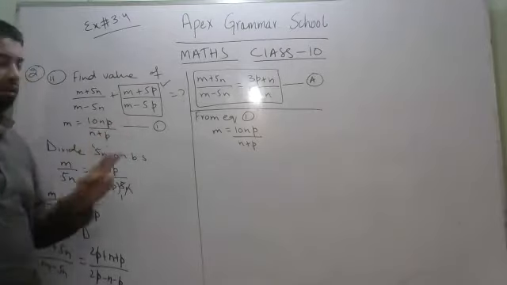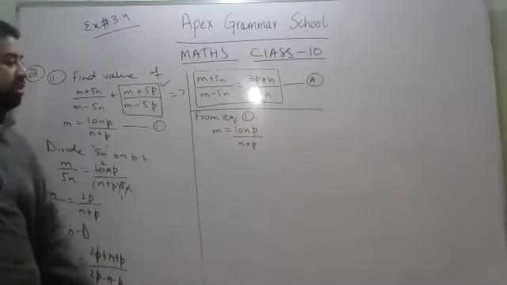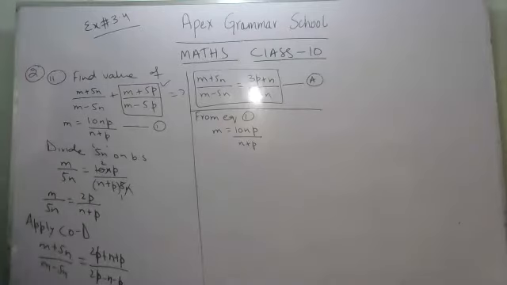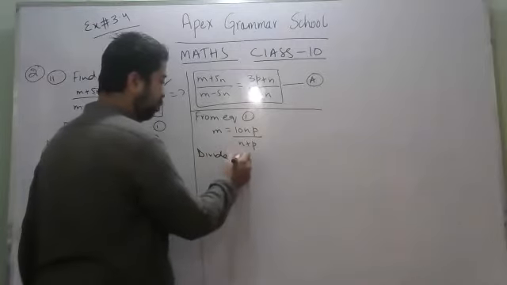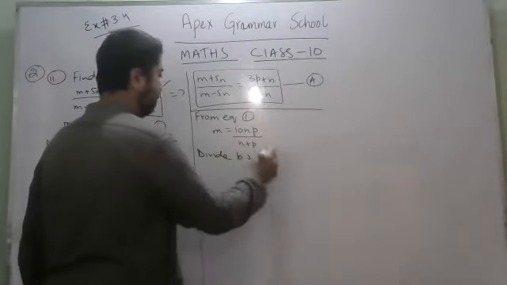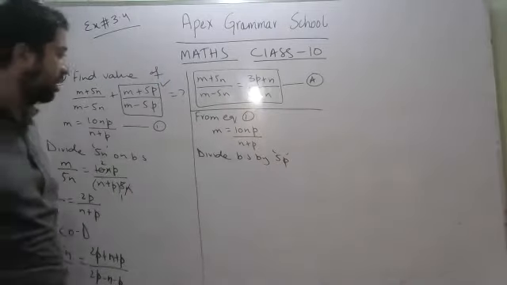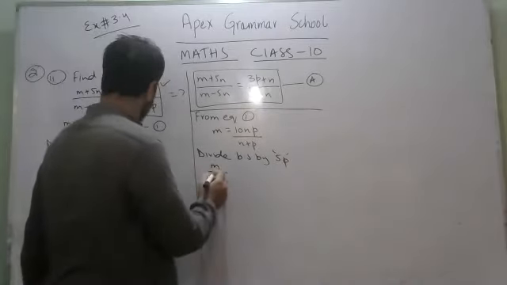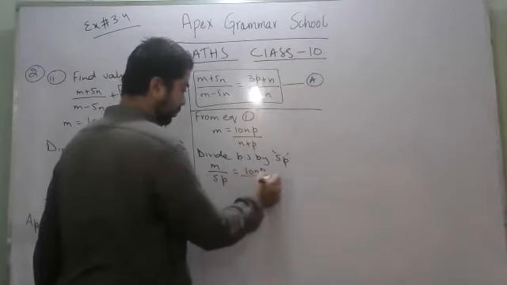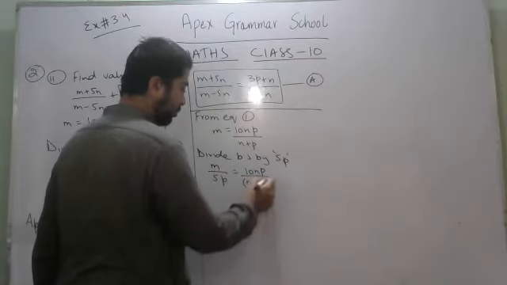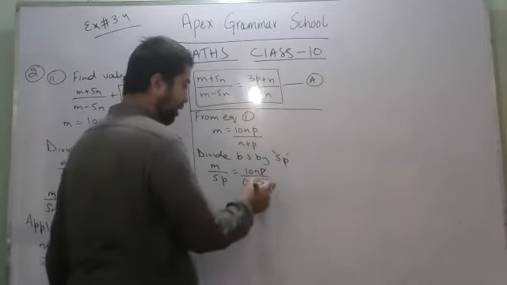That means m is in the numerator and 5p is in the denominator, but we can see that 5p is not here. So divide both sides by 5p. Cancel this p with this; 5 ones are 5, 5 twos are 10.